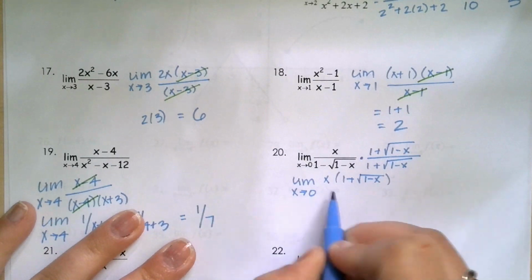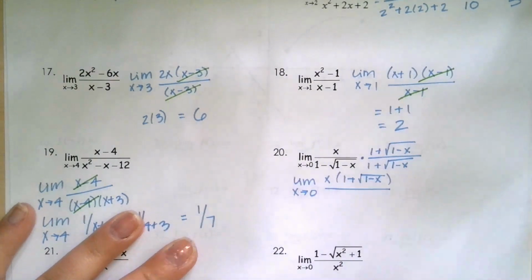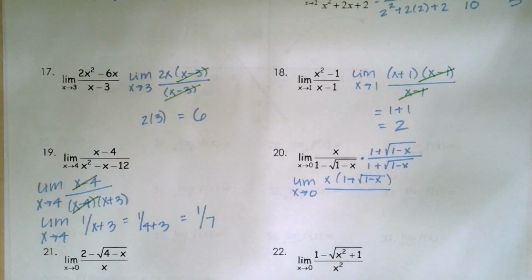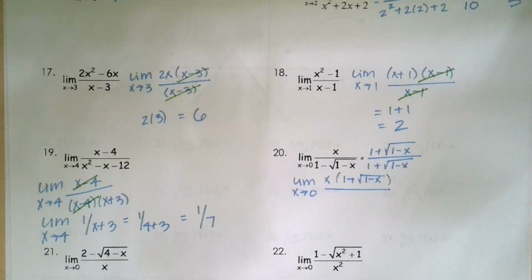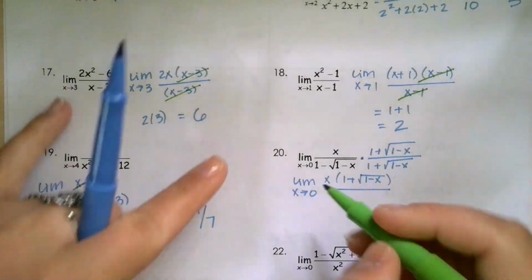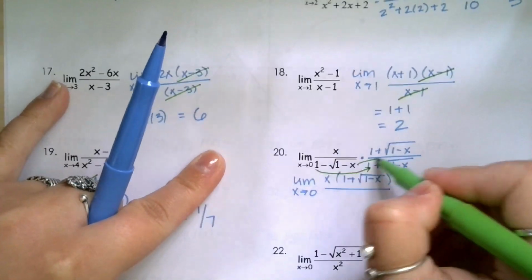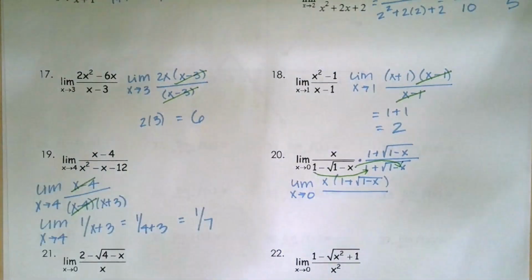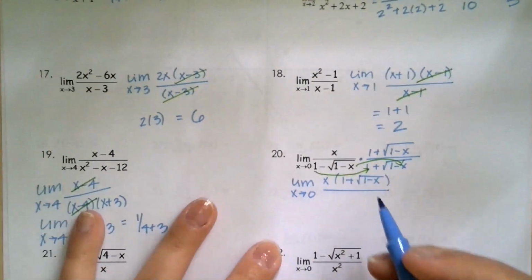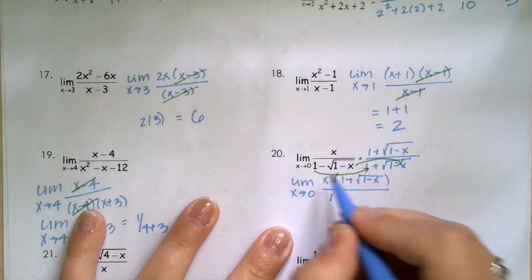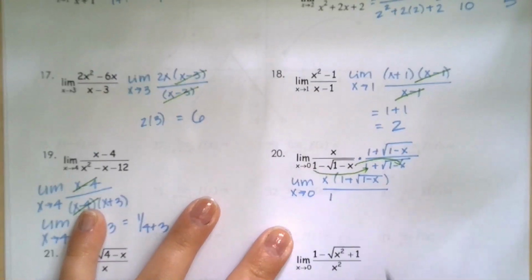Okay. In the bottom, if you guys remember, the really cool thing about multiplying conjugates is that our middle terms are always going to cross off. So we only have to be focused on multiplying our first two terms together and our last two terms together. Okay, so we just have 1 times 1, which is 1. And then when we multiply our square roots, the square root goes away.